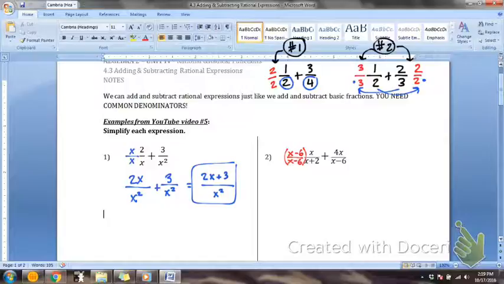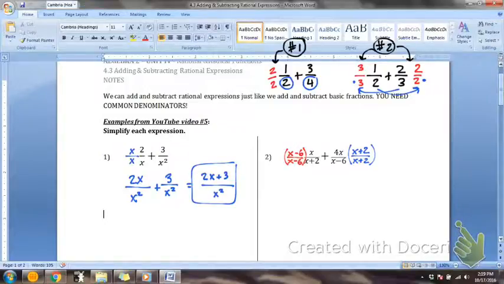Remember, anything divided by itself is the number 1. So we really haven't changed the problem. We've just changed the way that it looks. We haven't changed the value, we've just changed the way that it looks. So what do you think I'm going to multiply the second fraction by? X plus 2. X plus 2 over x plus 2. So we multiplied the denominators by each other.